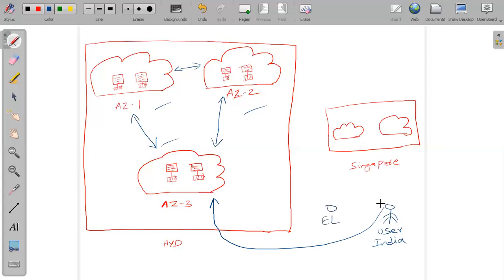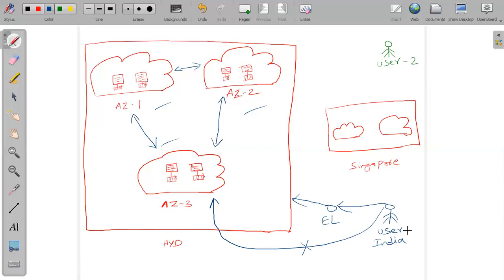So they cannot directly connect here. Through this, it will come here. This request will come to the respective edge location, and through the edge location it will be redirected, but not like this. Similarly, any other user, let me put it in another color.